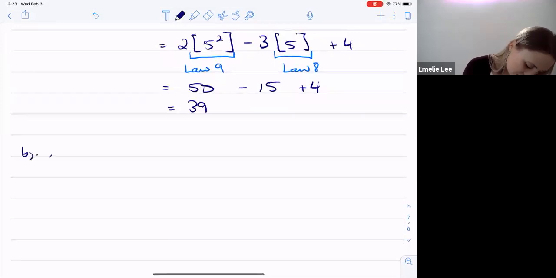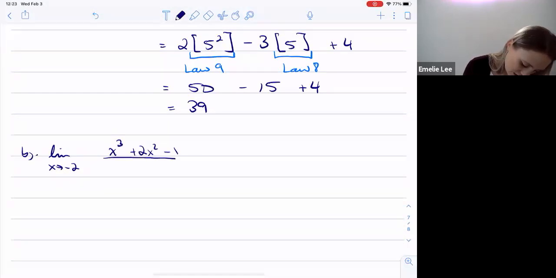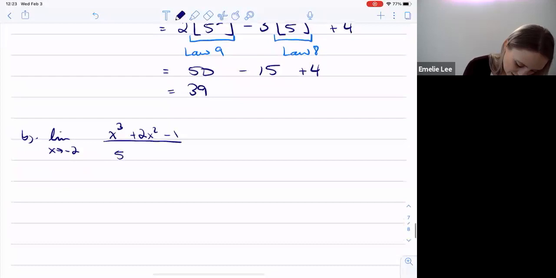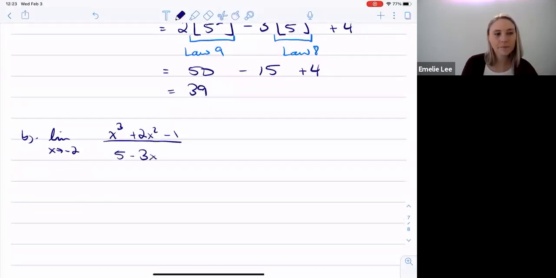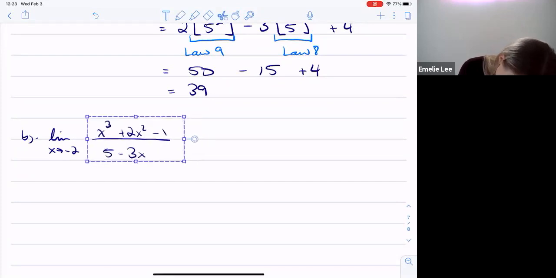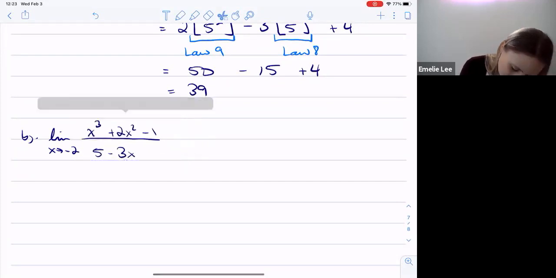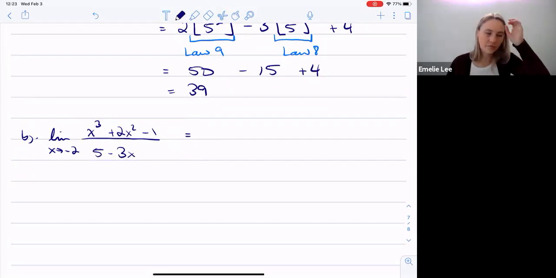So B, we want to find the limit as x approaches -2 of x to the power of 3 plus 2x squared minus 1 over 5 minus 3x. And I'm going to move this closer to the limit because I need lots of room on the right-hand side.